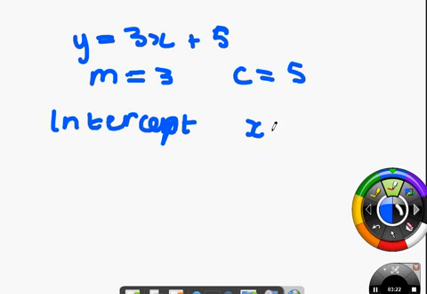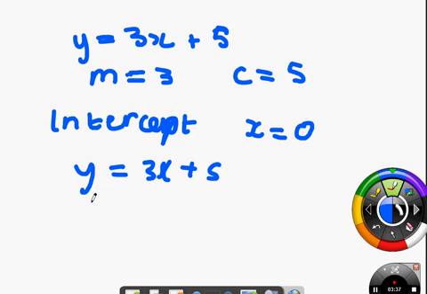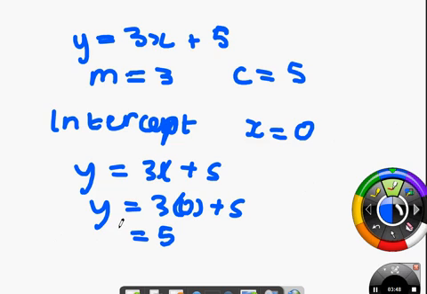When x is equal to 0, my function y, which is 3x plus 5, becomes y is equal to, if I substitute 0 there, plus 5. So you get y is equal to 5. That will give me a coordinate where x is equal to 0 and y is equal to 5.